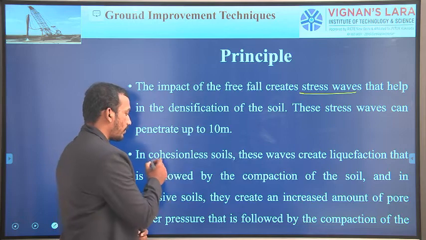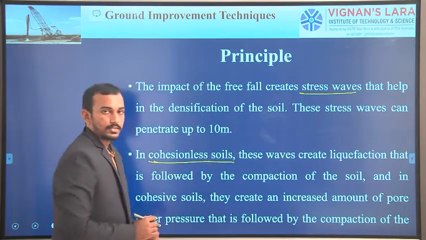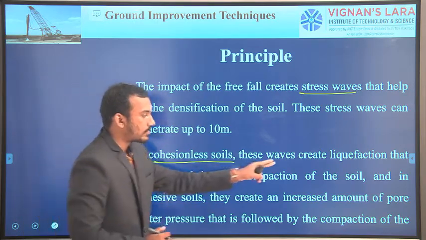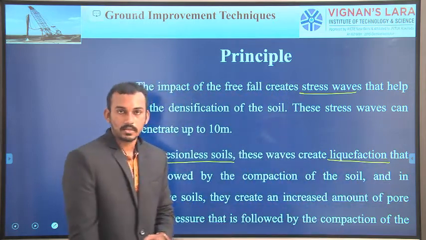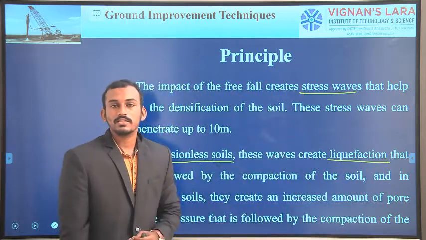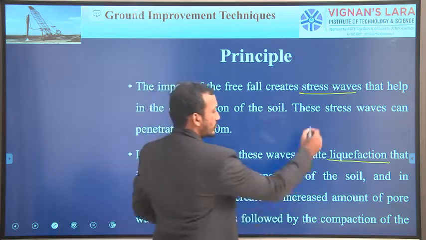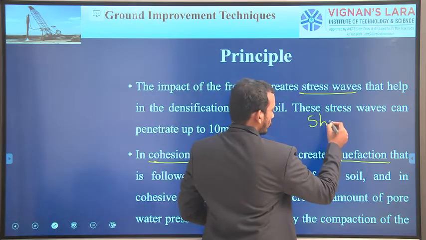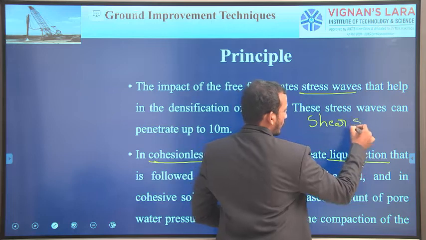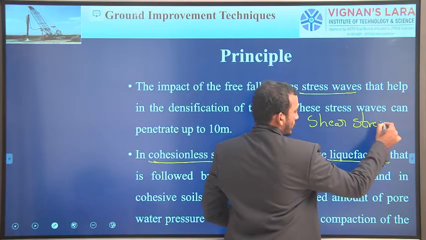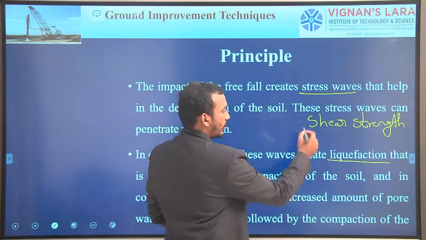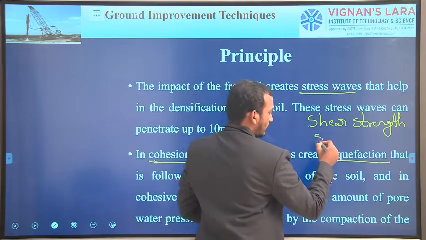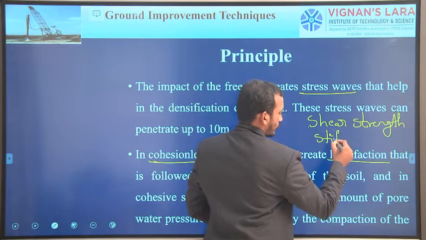For example, in cohesionless soils, what is happening? The waves create liquefaction. Liquefaction, we already discussed, is a phenomenon of losing shear strength and stiffness of the soil. Shear strength means resistance to shear stresses.